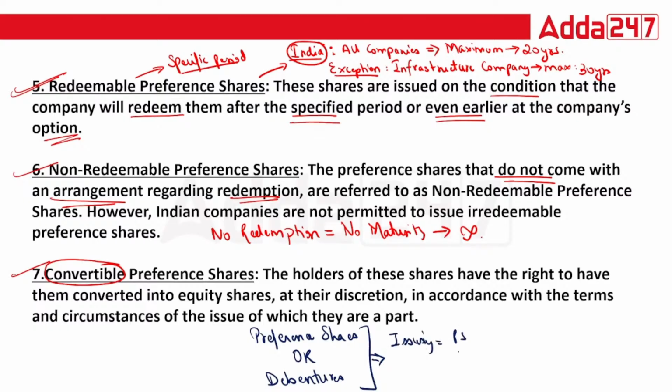As soon as you see this term convertible written before these preferentials or debentures, it means you are going to receive a right.